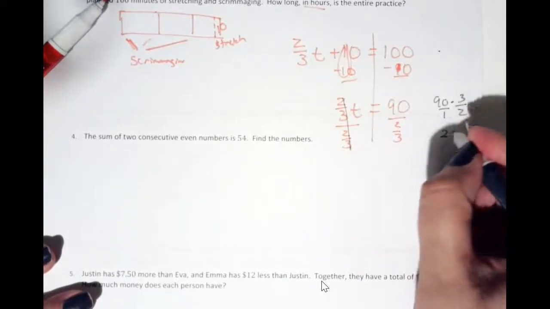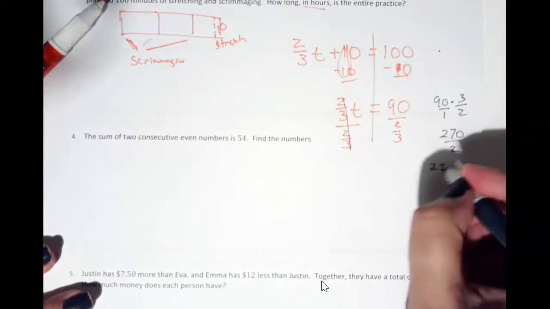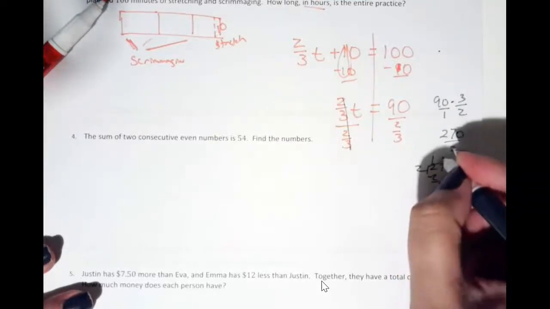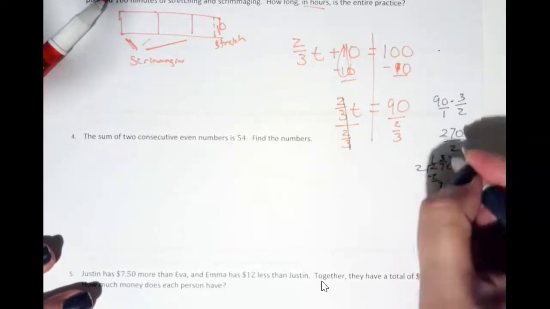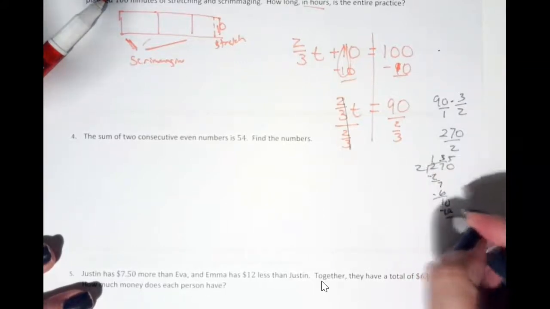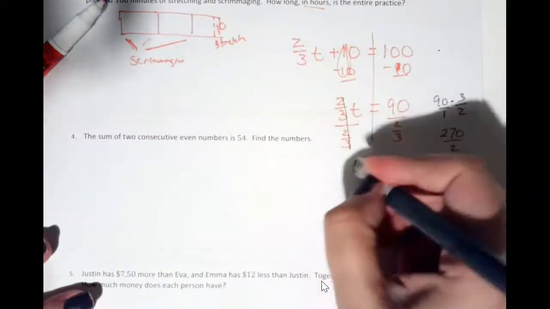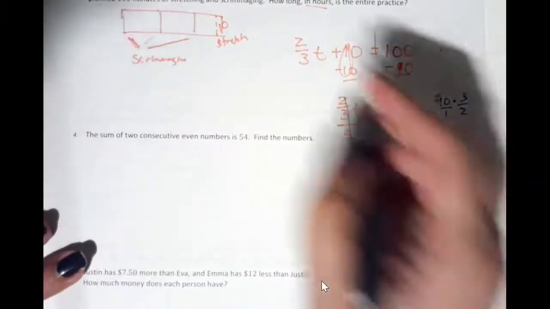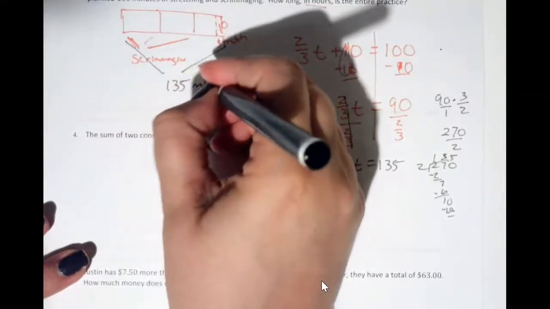So 270 divided by 2. 135 minutes. The time is 135 minutes. That's the entire practice. It's 135 minutes.